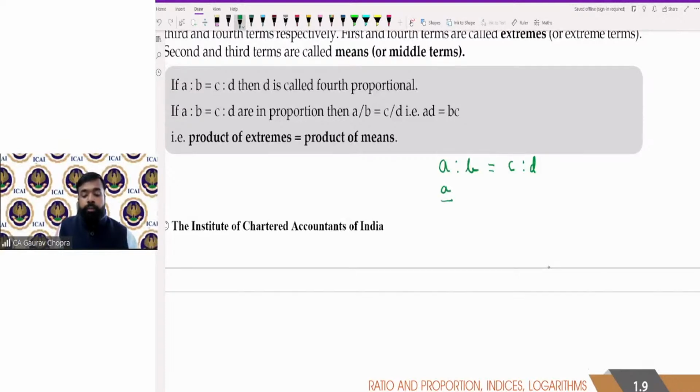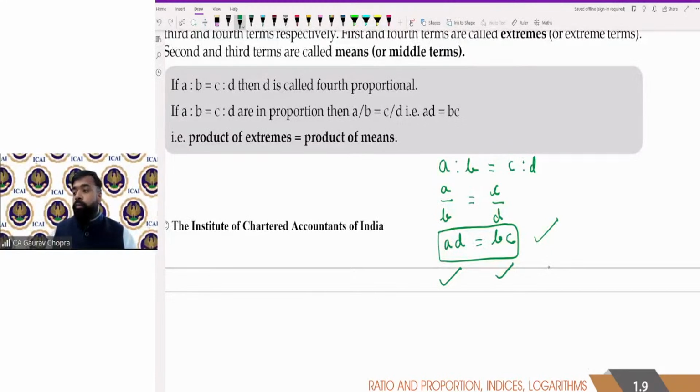So A ratio B can be written as A by B and C ratio D can be written as C upon D. Now on cross multiplication, let's see what we get. A multiplied by D is equal to B into C. AD is equal to BC. So this is known as cross product rule. So using this rule, we get the same result. Product of extreme is equal to product of means.